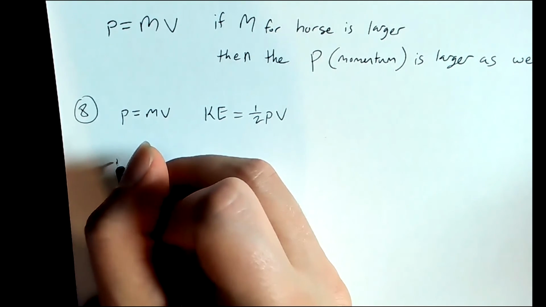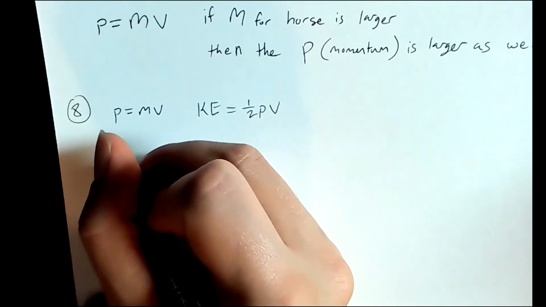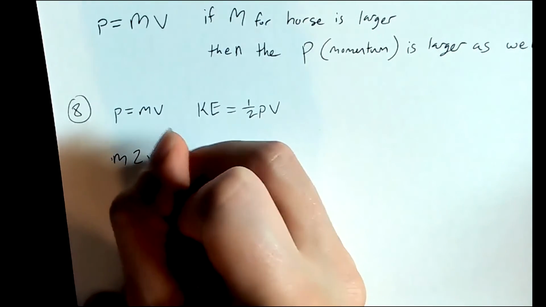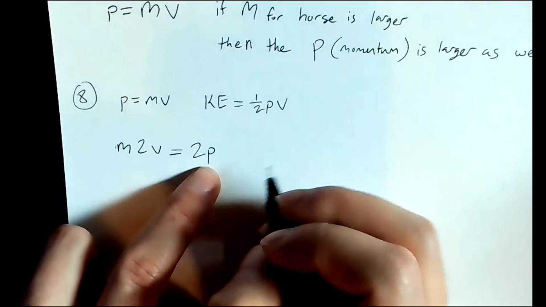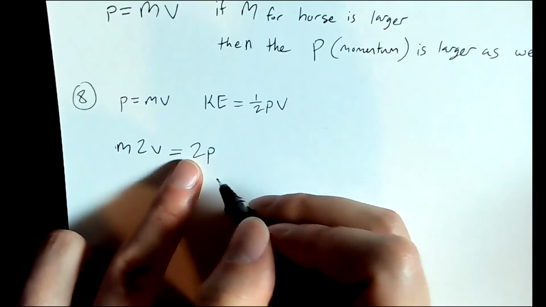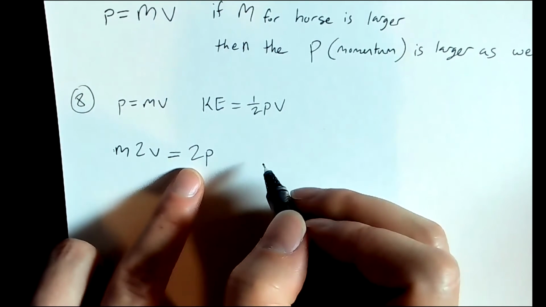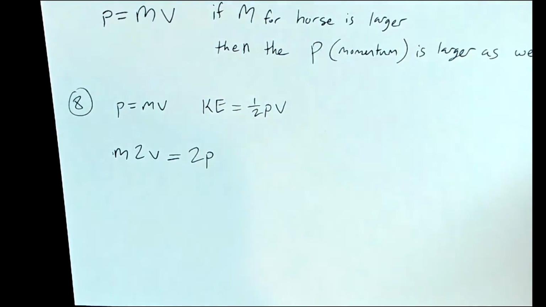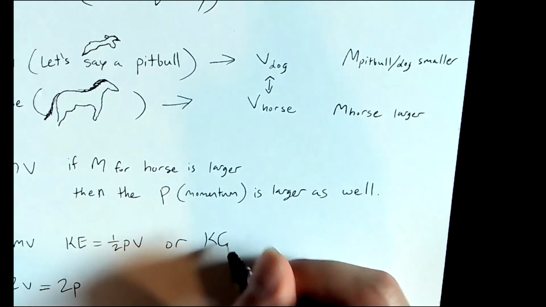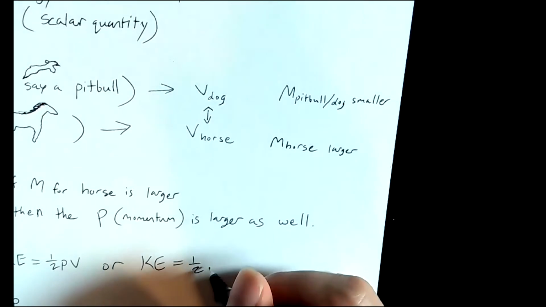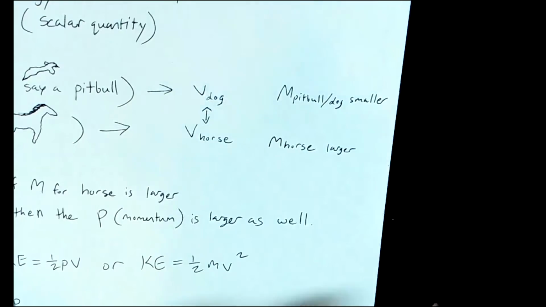Well, if P equals mv, but you have 2v, then that will double the momentum. Or kinetic energy equals 1/2 mass times velocity squared.